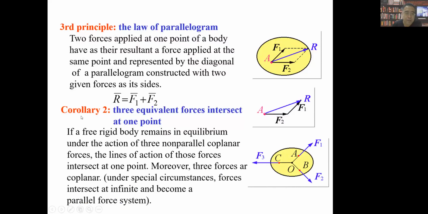Actually, for this corollary two, it helps if we have only two forces, then we can use this so-called three equivalent forces intersect at a point, right? Actually, you can see this triangle is a part of this parallelogram, right?